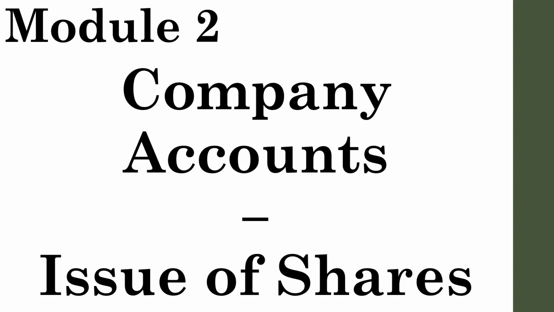Right now we have been discussing the journal entries with regard to the issue of shares of a company, and we have discussed two methods. The first method is the usual method that consists of due entries and cash entries, and an alternate method is there for the same, that is the application.